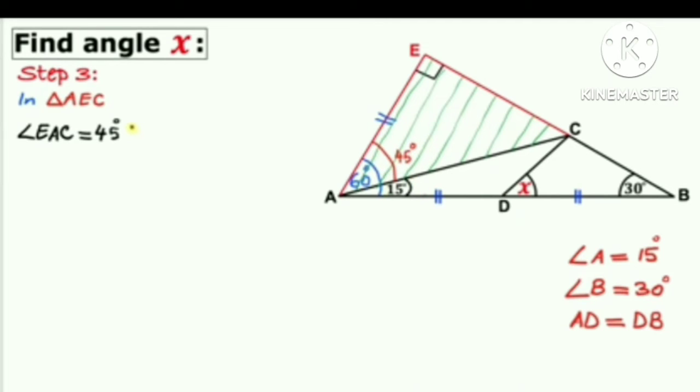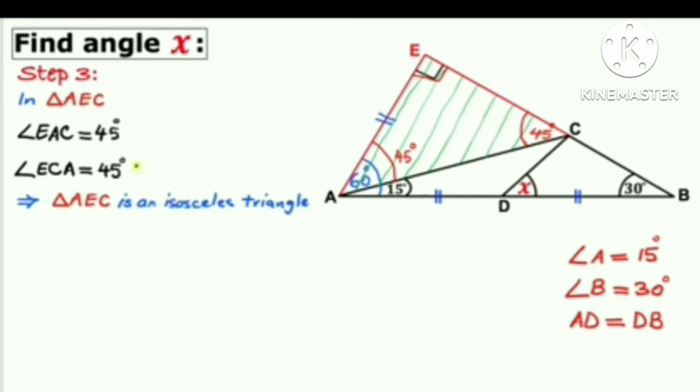So therefore our angle EAC is 45 degrees, and we know this angle E is 90 degrees, and we know that the sum of the angles in any triangle is 180 degrees. So that means this angle has got to be 45 degrees as well. So therefore our angle ECA is 45 degrees as well.